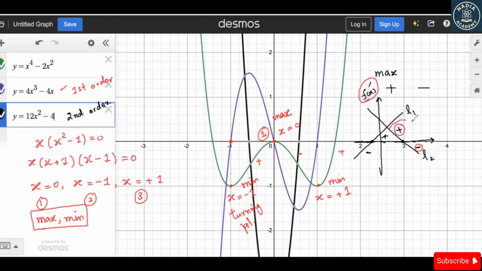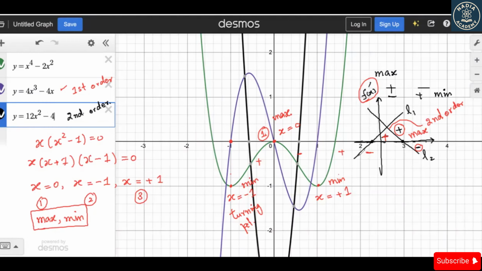Now, to understand the gradient of this straight line, we need to take the second order derivative. Where the gradient is changing from positive to negative, that will be a local max. If our gradient is changing from negative to positive, then we will have a local minima. This is what you can see in the case of line number one, where the gradient is changing from negative to positive.